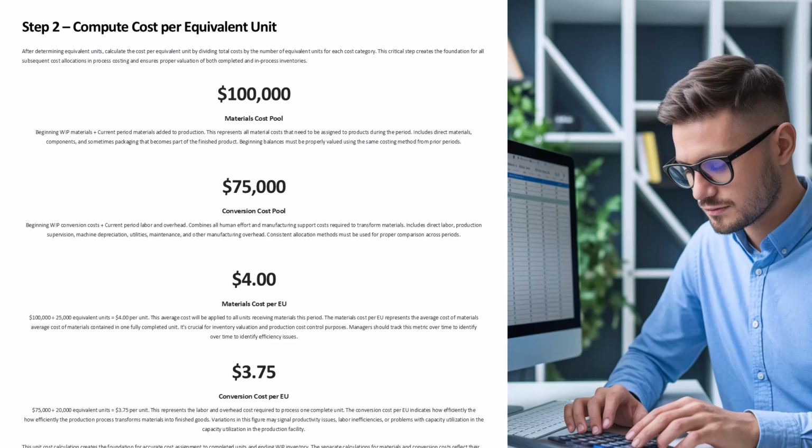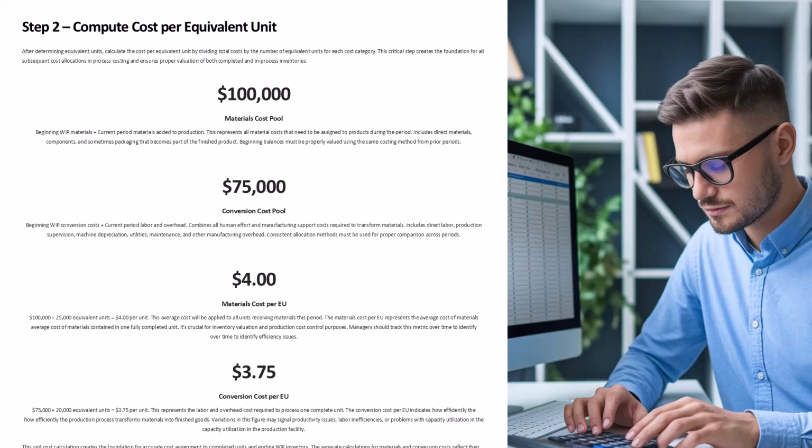The formula embodies the weighted average approach: beginning WIP costs plus current period costs, divided by total equivalent units, equals cost per equivalent unit. Picture a paper mill like International Paper calculating separate costs per equivalent ton for materials and conversion in each production department.